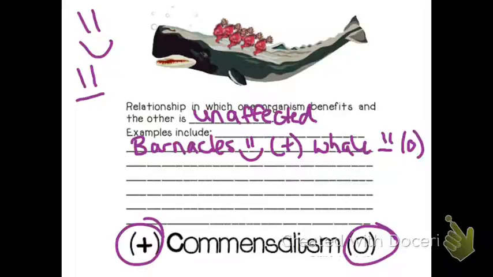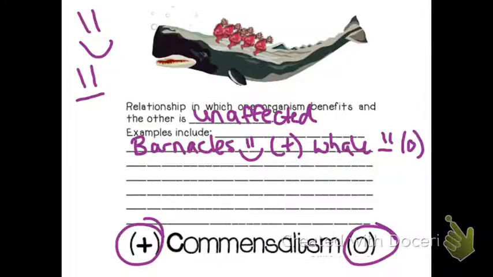The barnacles are able to trap food that way because they're filter feeders. As the whales swim through the water, the food passes by and the barnacles are able to get their food that way. The whale is unaffected. The whale is not hurt, not harmed, and it is not benefiting from the barnacles being there. It really just doesn't care that they're there. So the barnacles are benefiting, the whale is neutral.